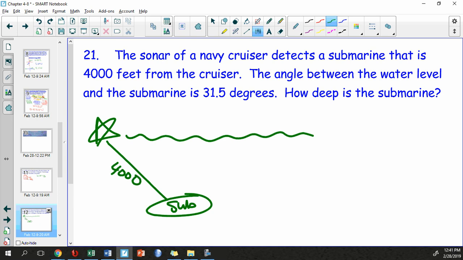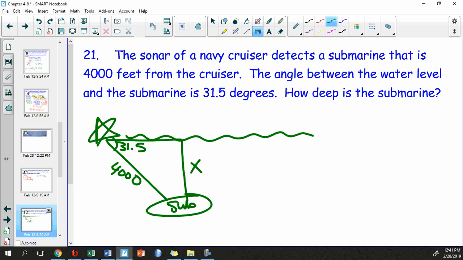And it says the angle between the water level, can you see the water level, and the lovely little submarine is 31.5. So 31.5 is going to go right in there, correct? How deep is the submarine? What is it wanting? What's the depth of this thing, right?